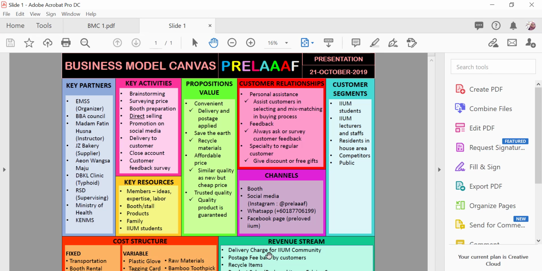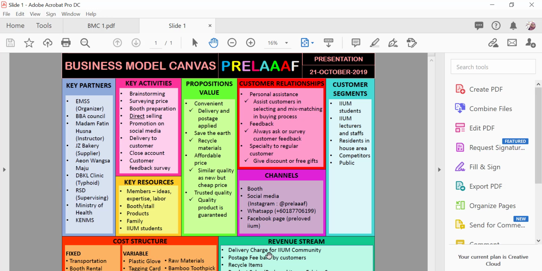So delivery charge can be a revenue stream if you charge it to your customer. For example, you are selling a scarf or maybe a t-shirt at 20 ringgit, and then you put in the requirement there, 6 ringgit for postage.